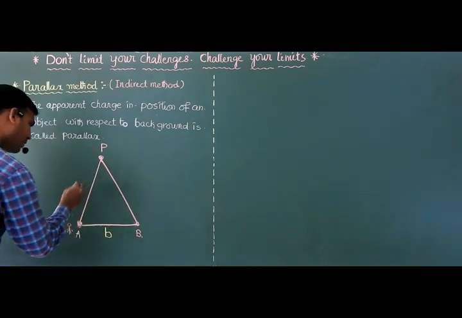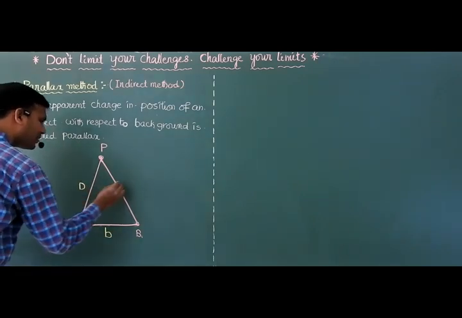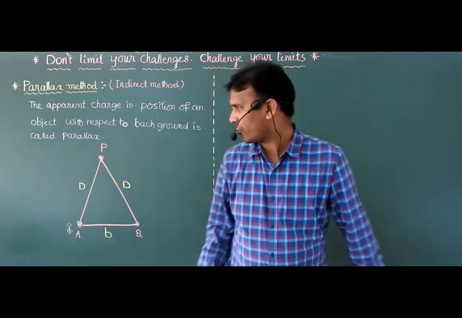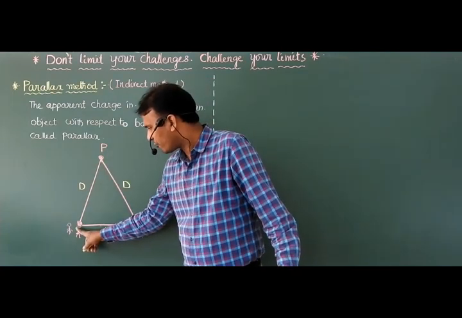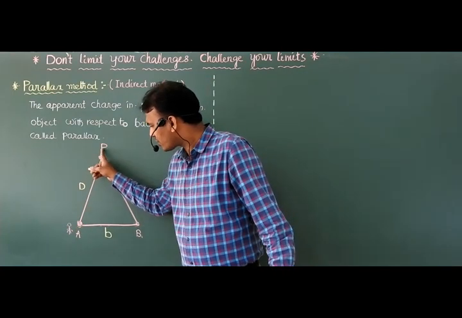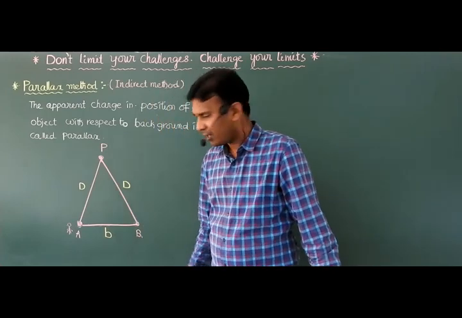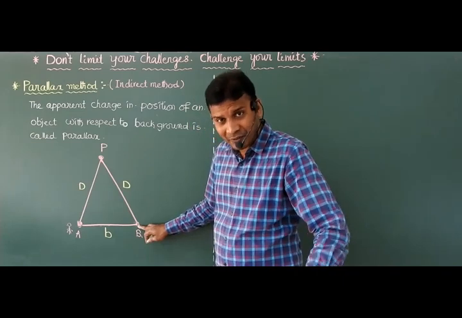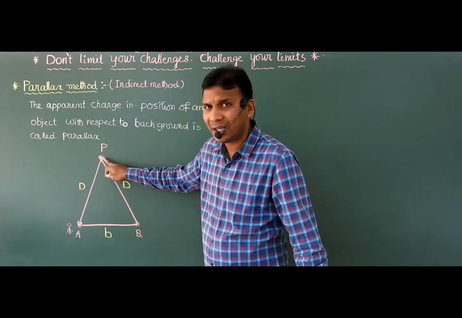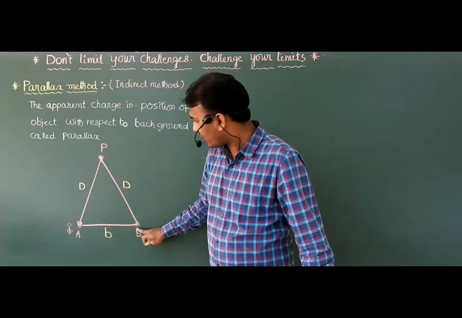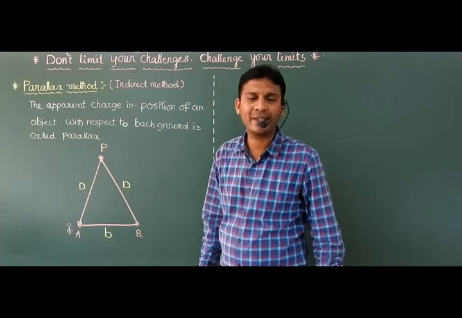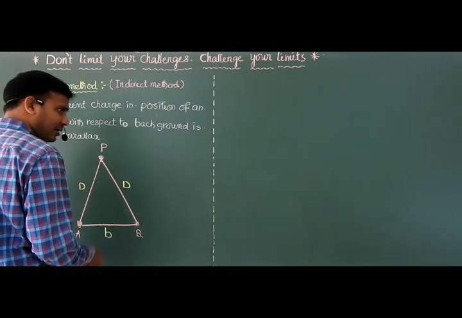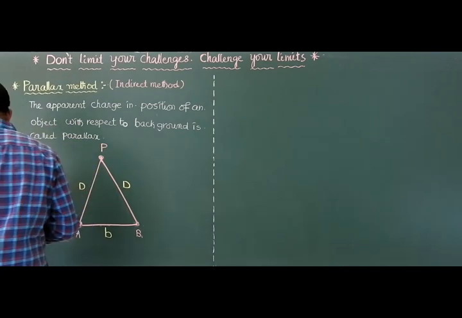This is B, it is D, it is also D. If you observe this planet from this location, the distance between A and B is B. And similarly, from the same Earth surface, from a different place, you are observing the same planet, then this distance is D. Sir, what is B? What is D? Okay, here I will write.